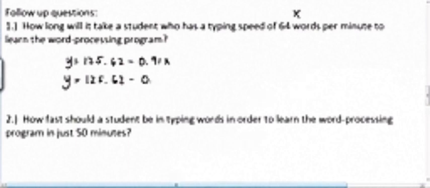So, our y is 125.62 minus 0.91x. So, x is given, since words per minute is given, and what we're looking for is the time it will take to learn the word processing program. So, we will substitute the x. What we're looking for is y, so we replace the x: 0.91 times the given 64. Okay?